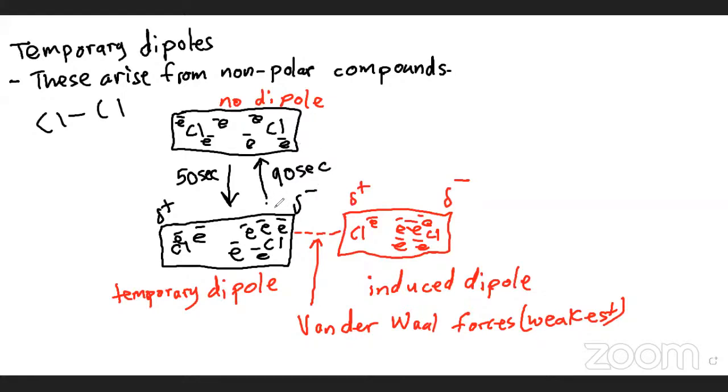And the reason for that, remember that the electrons are always in motion. So the electrons here, if they should move over, will we still have the negative charge here? Anyone want to offer an answer? No, sir.